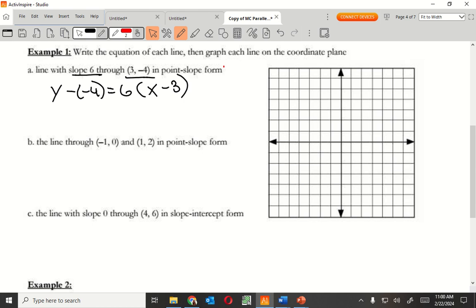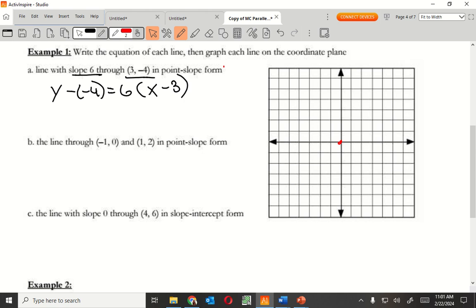Find the point 3, negative 4. Is that a positive 3? Say yes. It's a positive 3. So we start at the origin, and if it's positive 3, I move to the right, and if it's negative 4, I move down.